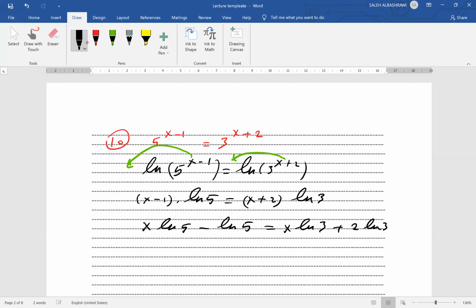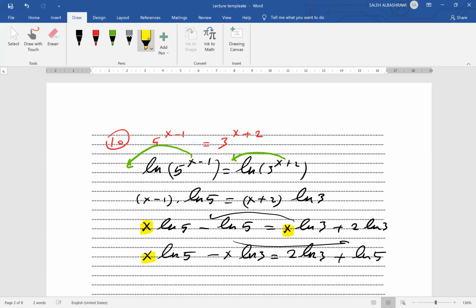Now I have x there and x on the left hand side. So I have to bring them together, put them in one side. If we move this to the other side, I will have x ln 5 minus x ln 3 equal to, this is 2 on the right hand side, ln 3. Bring this to the right hand side will be plus ln 5.